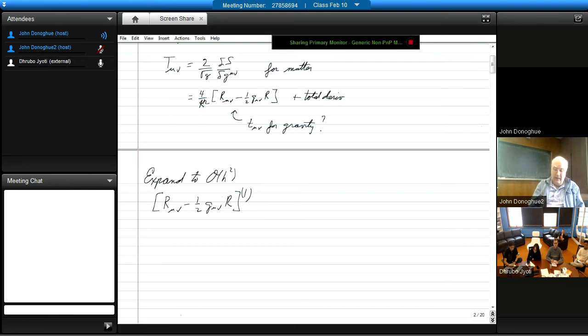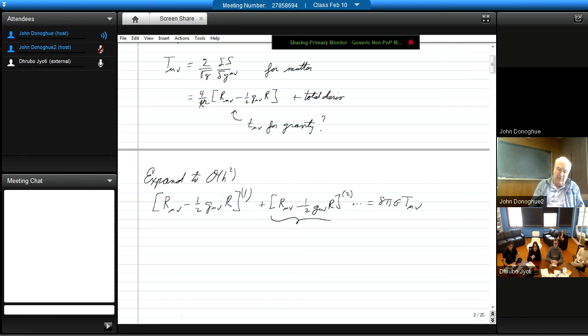So that 1 means 1 power of h. Then the next power, you take the same thing, R mu nu minus 1/2 G mu nu R, second order, and there's clearly more terms, equals 8 pi G T mu nu.